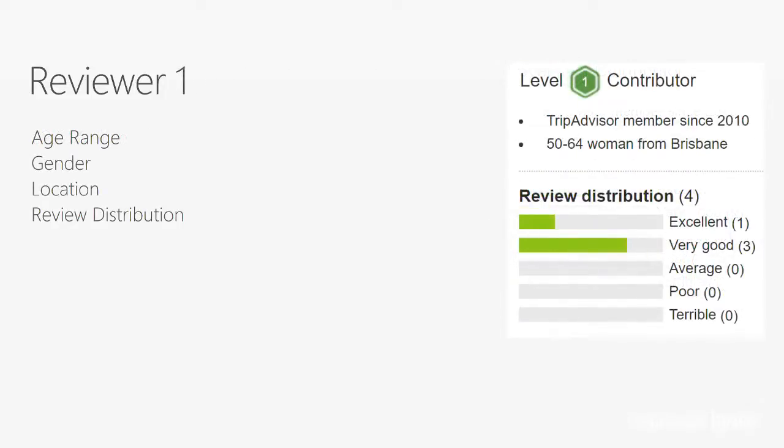And I thought, wow, what else can I find out about these people? Because I want to know, are they similar to me? Do they care about the same things I care about? So then I had a look at what you could see about a person. So one of the reviews, you could get their age. They were 50 to 64. I could get their gender. I knew it was a woman. And I could tell they were from Brisbane.